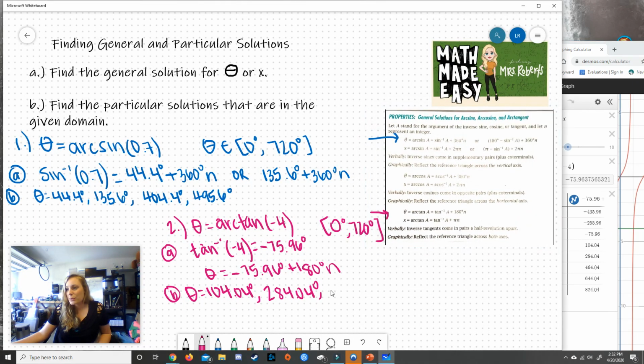Okay, the next one is going to be at, we did 284, so we're at 464.04. And then 644.04. And this last one, that 824, is outside of our domain, and so that one will not be included in our answers.